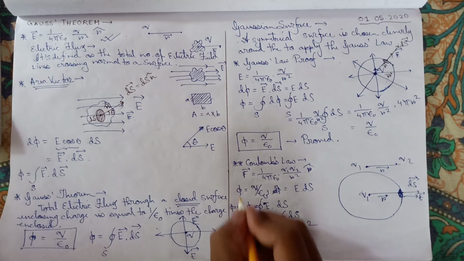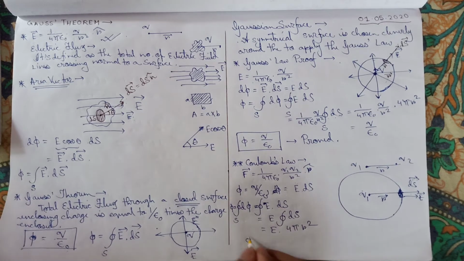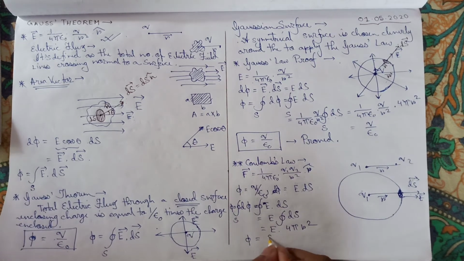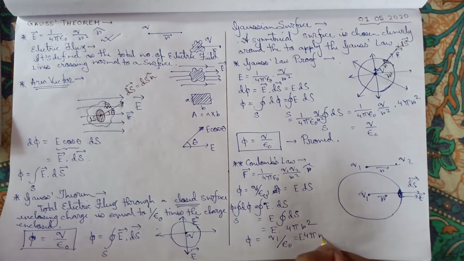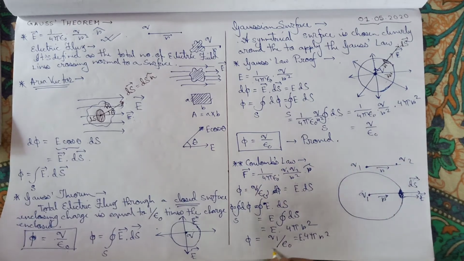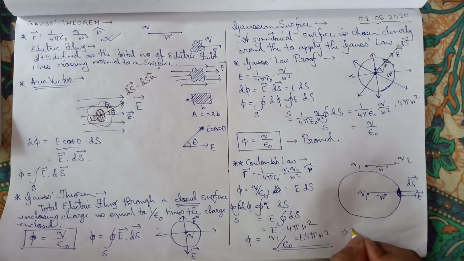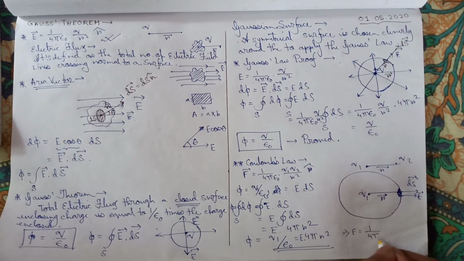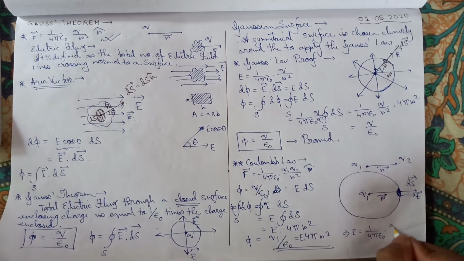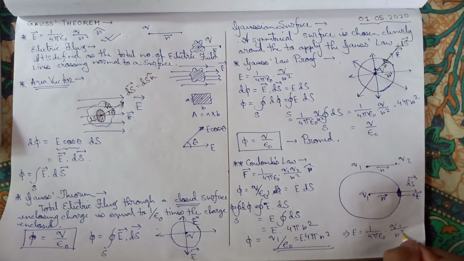So this flux is equal to this flux from Gauss law. So phi equals q1 by epsilon naught equals E into 4 pi r square. From this expression we can find the electric field due to charge q1: E equals 1 by 4 pi epsilon naught, q1 by r square.